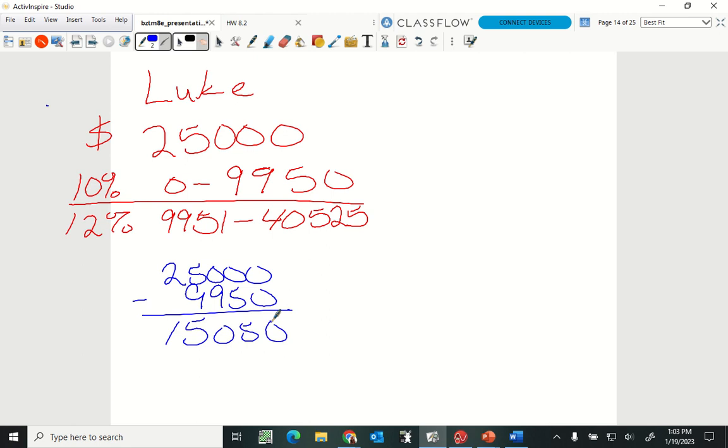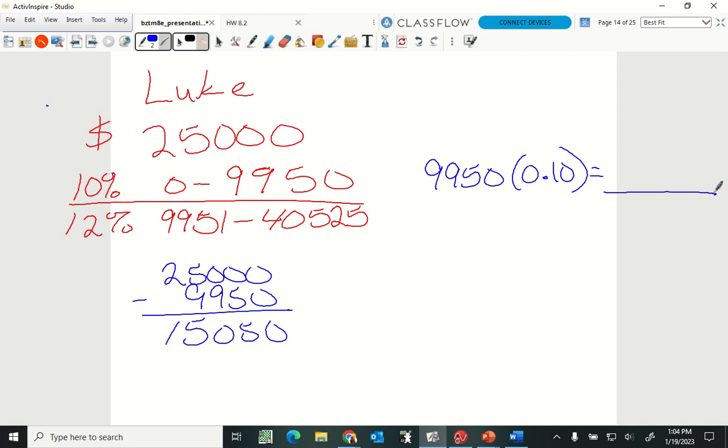So it's 10%, so it's going to be my 9950 times 0.10. He's going to pay this much tax on his first amount. But then, how much is left over in the second group? 15,050, right? Yes.